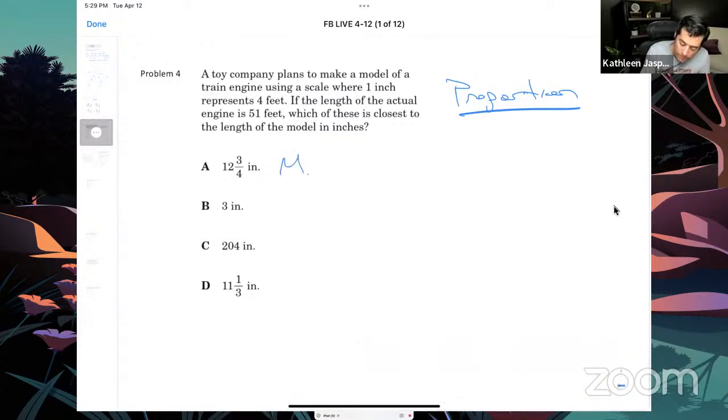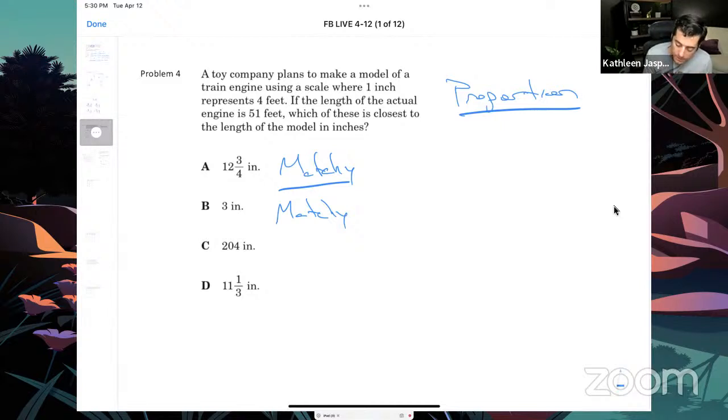Whenever we refer to matchy-matchy, we're dealing with proportions. Matchy-matchy is dealing with our proportions and our units of measure, or what the object is, or something that you can associate with the different units in this problem.